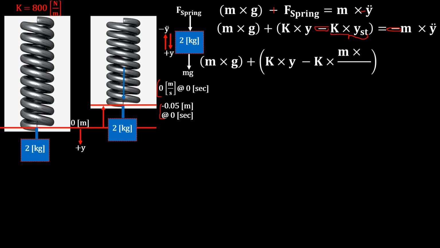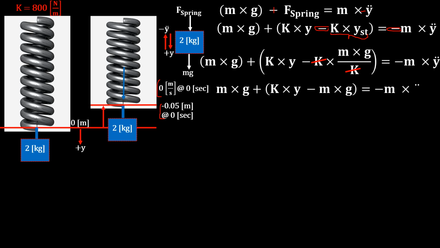And here we can replace the y stretch with the relationship we had in the previous slides. Mass times gravity over k equal minus m times acceleration. So the k here cancels with the k, and we can rewrite this equation. K times the y, how much is being displaced, minus mg equal to minus m times acceleration. Here, mass times gravity, and now we will open the parentheses. That's what we did in here, and that's what we did in this step.